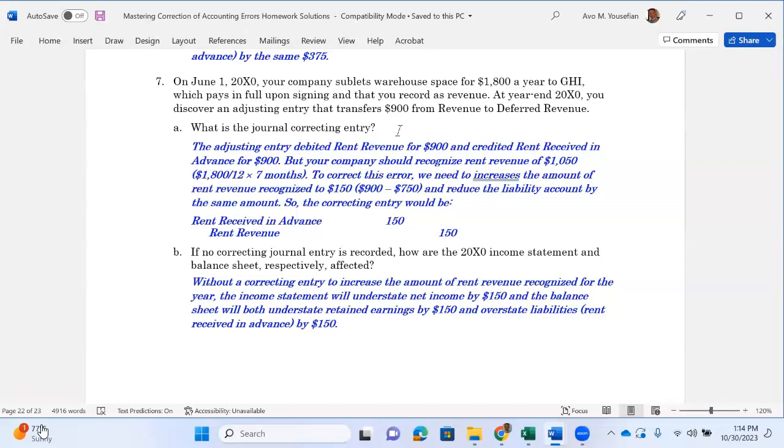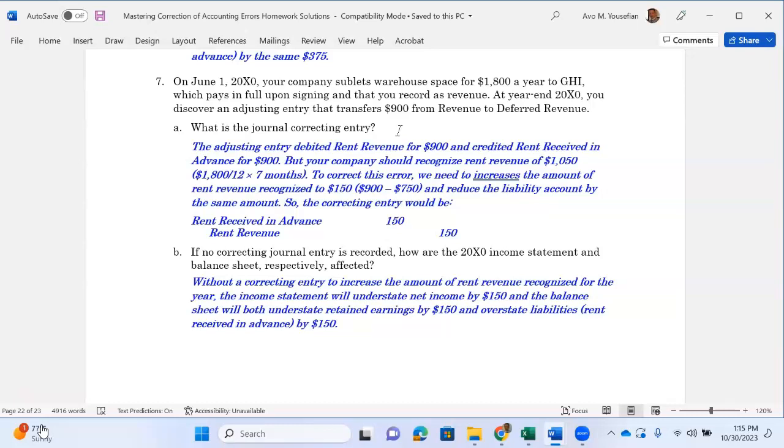Now let's count if it's correct or not. $1,800, it's a year. $1,800 divided by 12, that's $150 a month. $150 a month times 7 months, from June to December.